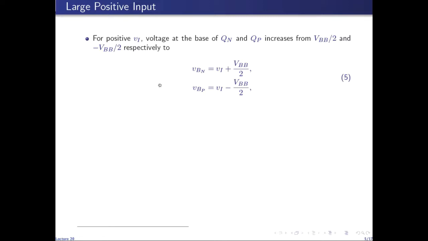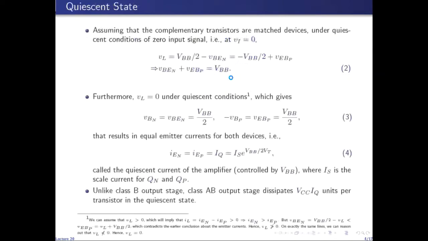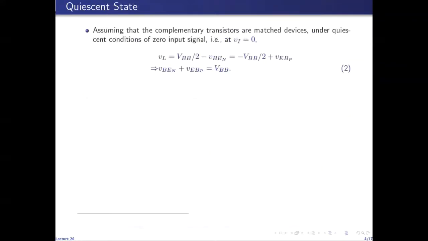So since Vi is applied at the base of the two transistors and VL is 0, the voltage at the base of Qn will increase above VBB by 2 to this value, Vi plus VBB by 2, as you can see from this circuit here.